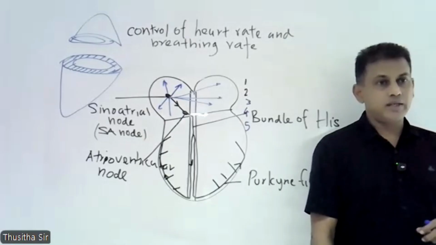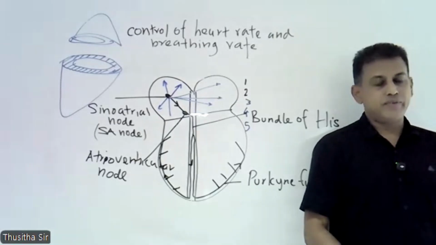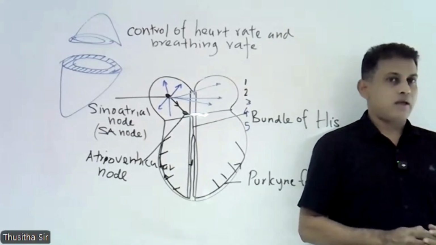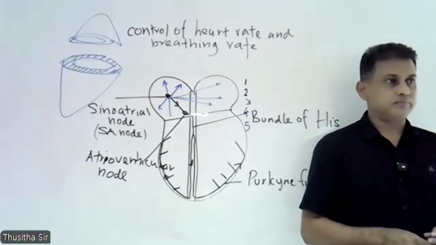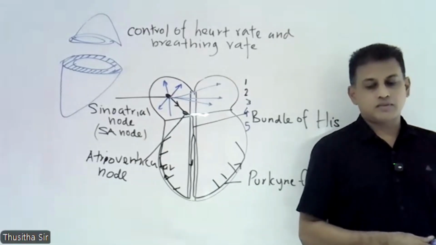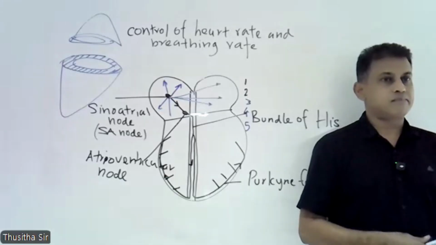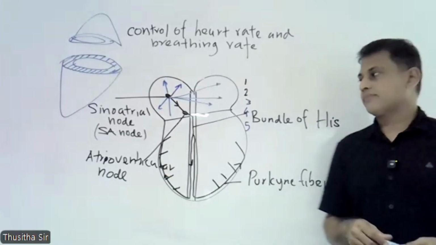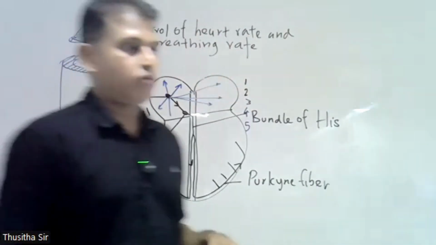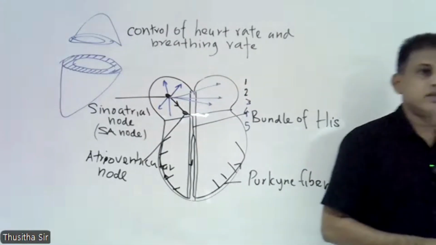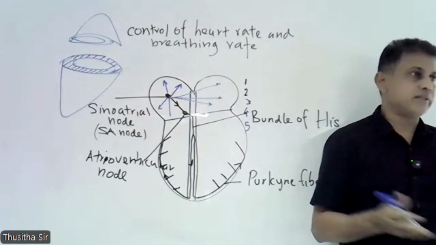Then ventricular systole takes place. Okay, now the cycle is finished, because this goes back into depolarization, then the whole heart goes to diastole. Because there is no contraction, that's diastole.